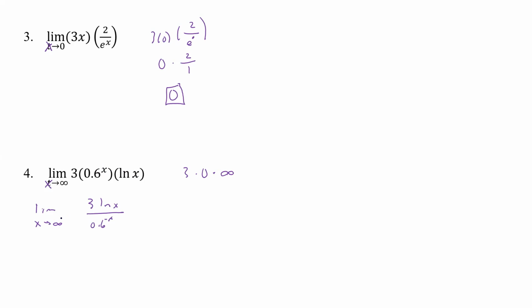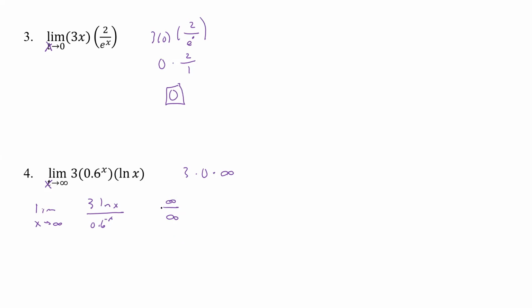Now, if we plug in the infinity and 0.6 to the negative 10 to the 99, that's going to give us, let's see, overflow. It's going to be infinity. It's going to be an infinity value. And ln of that, well, we already said before, when we take that ln, that's going to be infinity. So now we have it in the form that's indeterminate that we can work with.